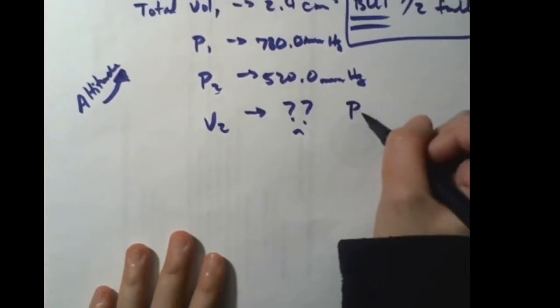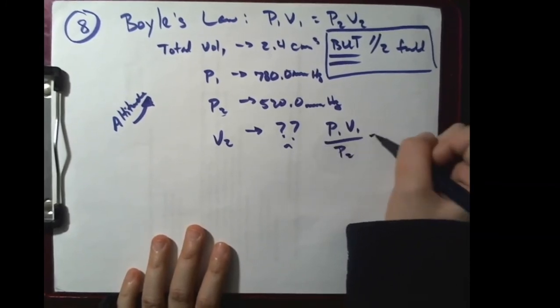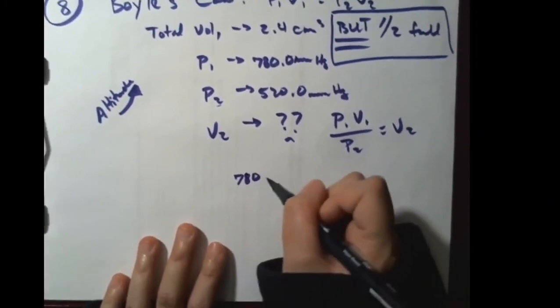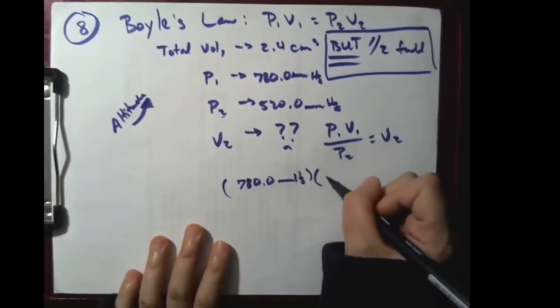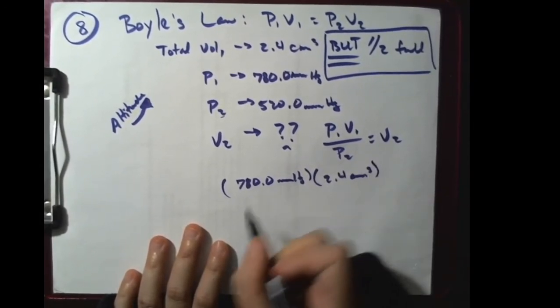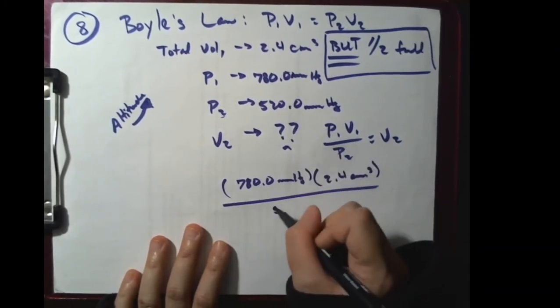So let's just isolate what we've got. We need to find this. So again, we're always going to be using the same exact things here. For V2, I'll just plug it in. So we have 780, our initial volume was 2.4, divide that by 520.